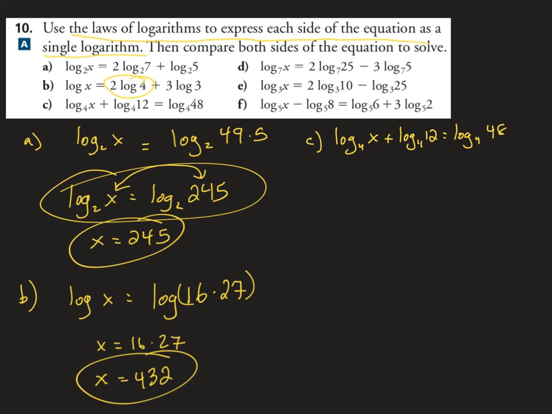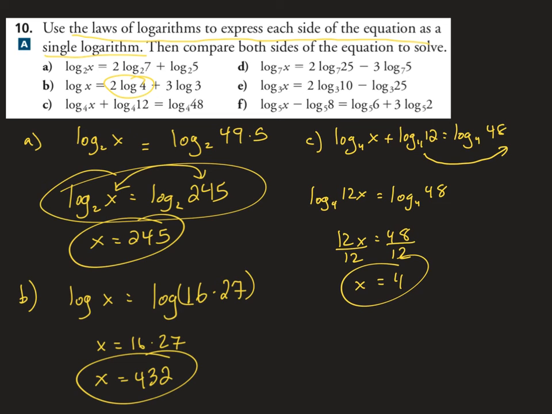Of course, the smart thing would be to bring this over here and keep the x by itself, but it wants us to put them together first. So this is log base 4 of 12 times x, so 12x, equals log base 4 of 48. Now we can say 12x equals 48, and divide both sides by 12, and you get x equals 4.